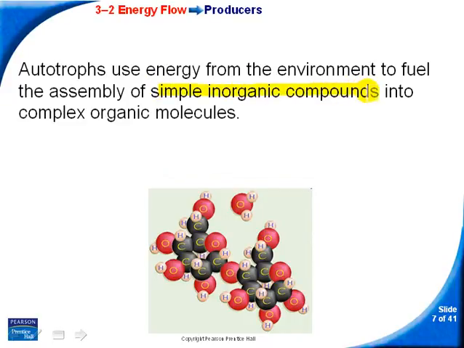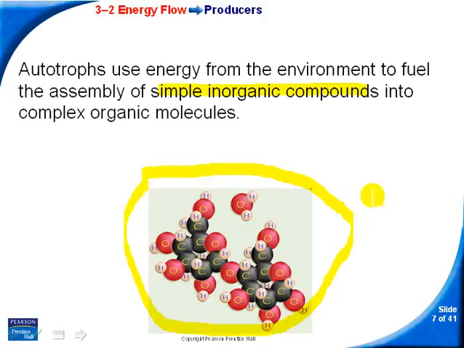They take simple compounds and make complex organic compounds. This one right here happens to be maltose, which is a carbohydrate. They're able to take simple inorganic compounds, like water, oxygen, and carbon dioxide, and turn them into things that can be useful for life.